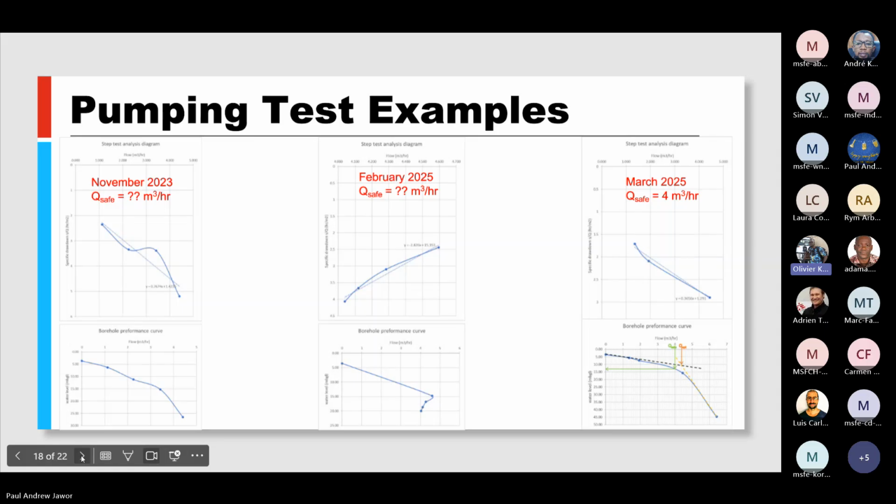But the further you go, the pumping rate starts getting higher than the recharge rate. And as such, the drawdown drops drastically, because we are pumping more than what the aquifer is able to fill into the borehole.